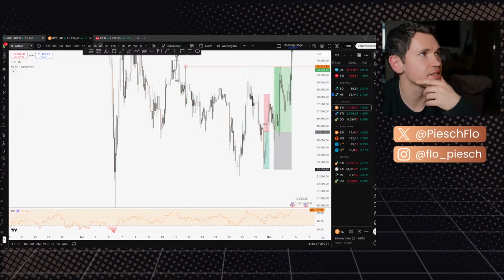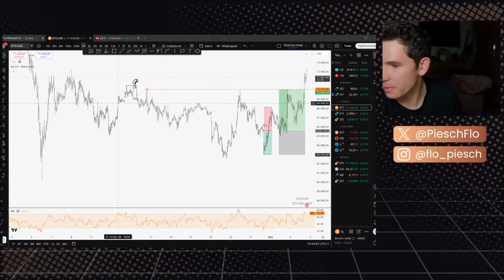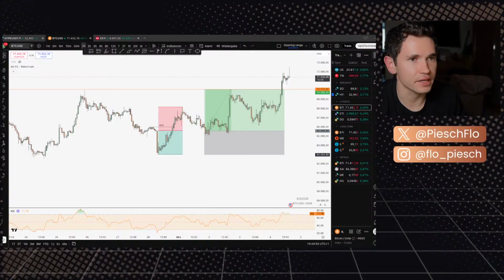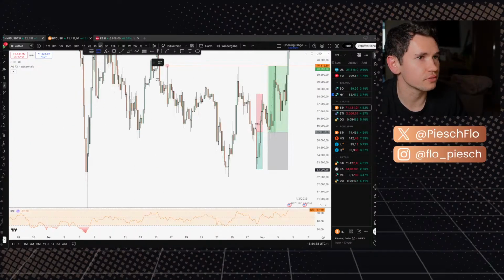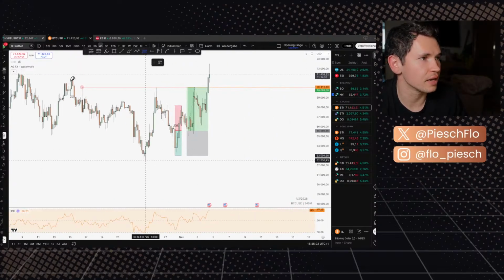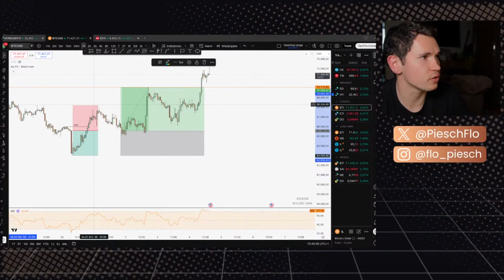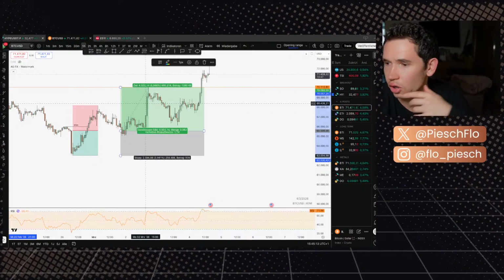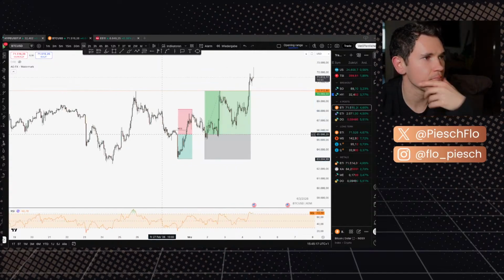This was the exact same setup that I had a video about a few weeks back. I can't remember the exact time, but exactly the same setup. This clean hour 1 market structure shift. You are in the discount on the hour 4 leg right here. Discount zone. Hour 1, you switch structure, you retrace back into the discount of the hour 1 leg and long. Exact same setup that I had on a YouTube video.